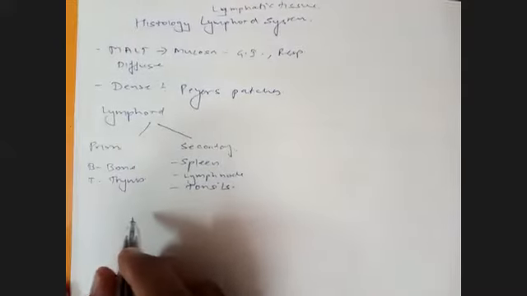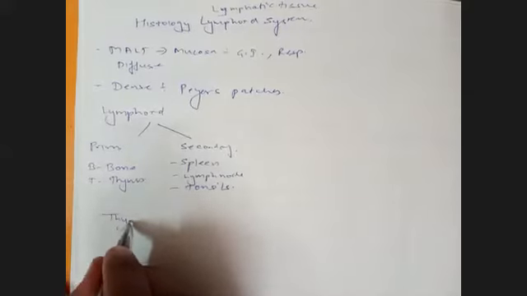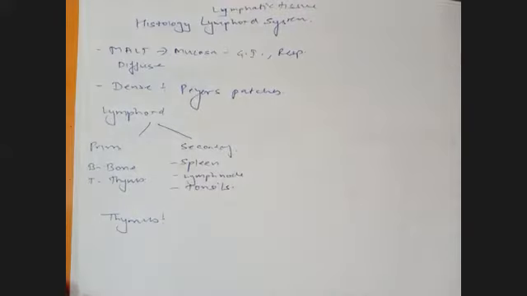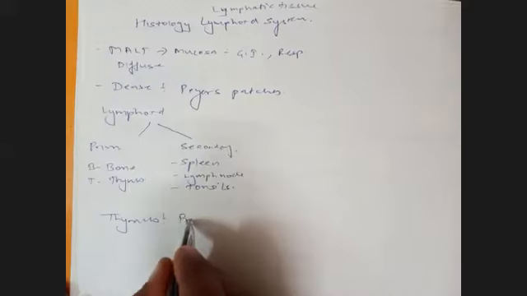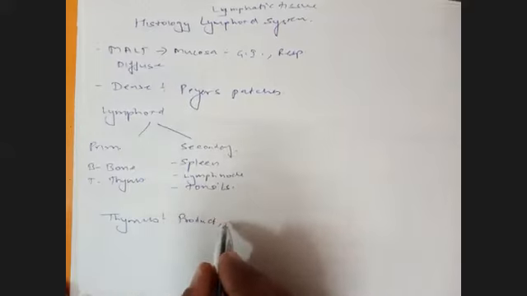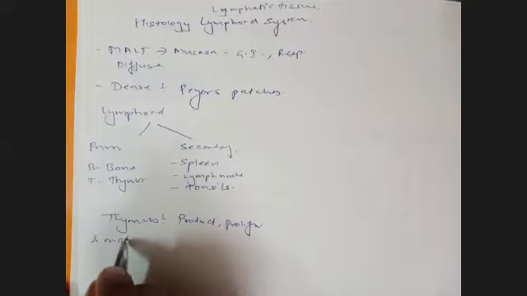Okay, and now we'll be talking about the primary lymphoid organ first, and the first organ which we are going to discuss is thymus. And thymus is concerned with production, proliferation, and maturation of T lymphocytes.